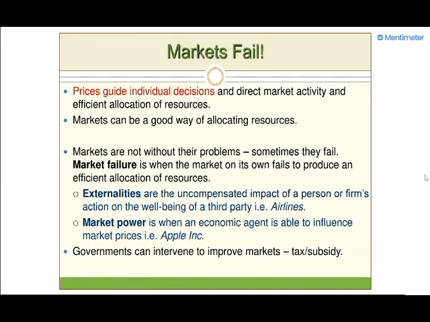Now, markets we say should operate on their own, but they usually fail as well. In free markets, prices guide or direct us towards profitable activities. As an entrepreneur, you go and start a business because it probably is profitable to you, and you compare the marginal costs with marginal revenues of doing additional business. That's because of prices. Yeah, if an item is selling at a low price, you think, okay, it's already a populated industry.